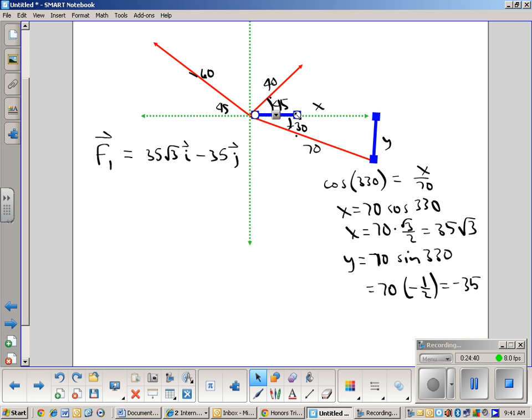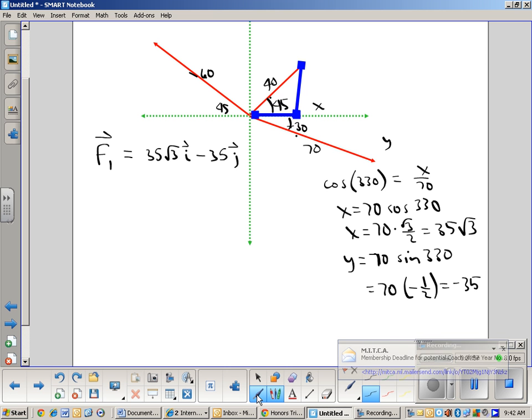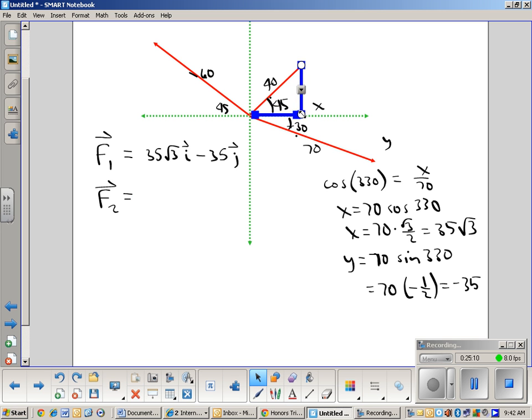Now, if I look at this one, it is, yep. And so if I do that, force vector 2... I see how bad that is now. They got underneath it.